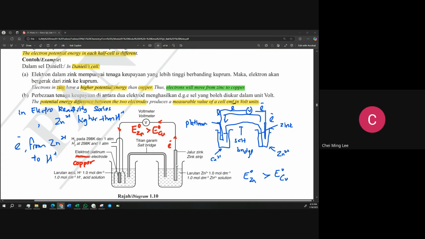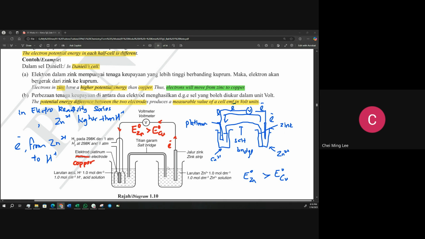So the electron will be pushed from zinc to copper via the external circuit. This potential difference between the two half cells will produce a measurable value of cell EMF in volt unit, meaning there will be a value. So in here, the electrode potential energy of zinc must be greater than copper. That's why the electron will flow like this.